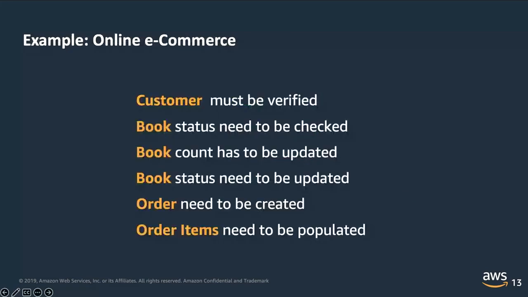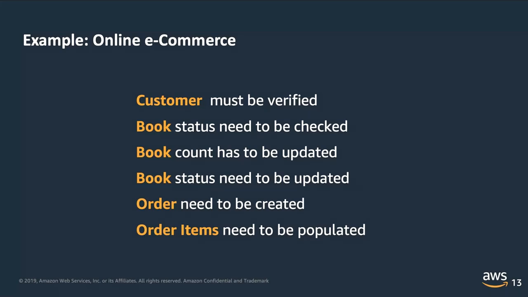So when you are executing a transaction, what all needs to happen? You need to ensure the customer is a verified customer. For the book, you need to check that you have enough books in stock and that the book is sellable.